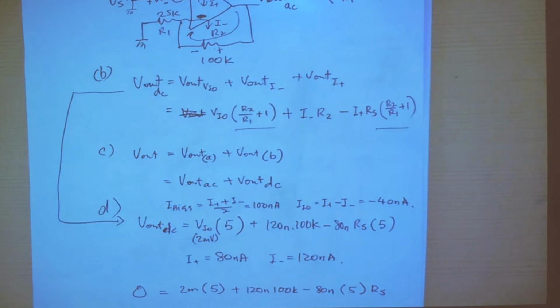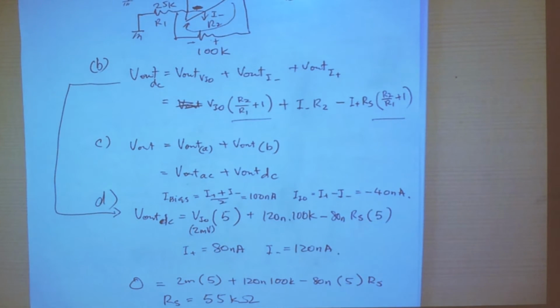Okay, so we can solve for RS, and RS will be equal to 55K. You'll be able to solve it and get 55K here.